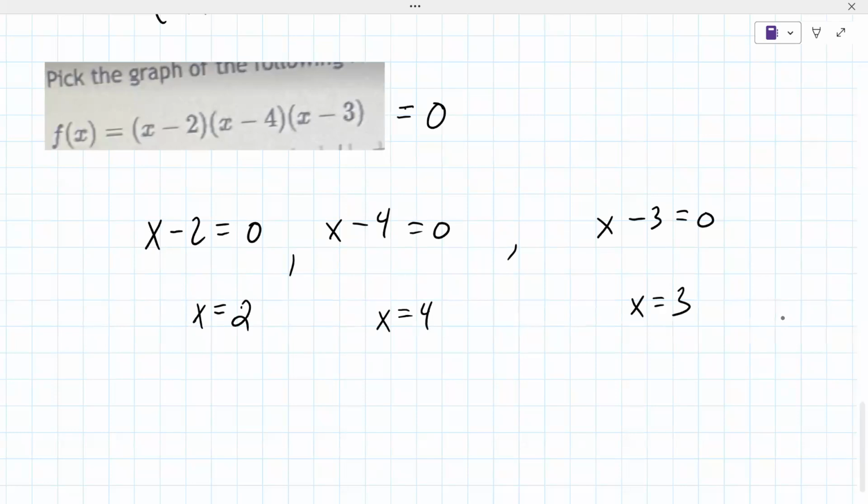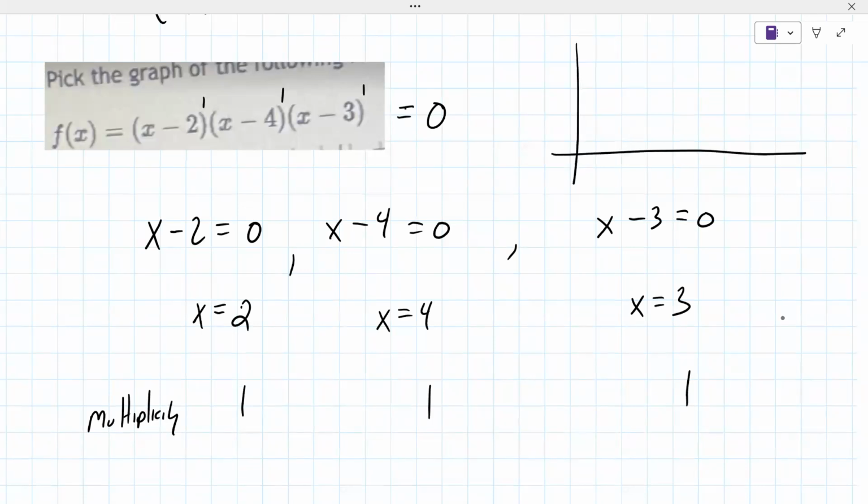Now each of these has an exponent of 1 here that's not written. So even though it's not written, it's still there. Have you seen that before? No. Okay. The reason that's important is that exponent is what's called the multiplicity. The multiplicity tells you whether it crosses or touches. So kind of off to the side here, if it's an odd multiplicity, an odd exponent, if you will, that means it crosses.